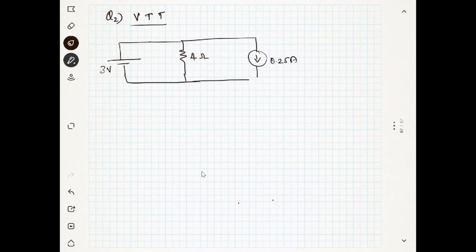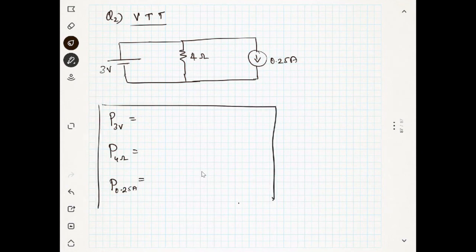Now we will see what is the power. The power across the 3 volt source. What is the power across the 4 ohm resistance? And another component is the current source. What is the power across the 0.25 ampere current source? So these are the things we are going to find out.